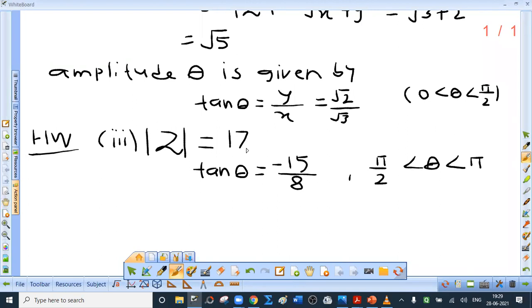So it can be represented by which point? Minus 8, 15, second quadrant. That is why I have written theta is greater than 90 but less than 180. We cannot find the exact angle because we know tangent ratios of only some specific angles. Of course, using log tables we can find it. Okay. So that's it for today.